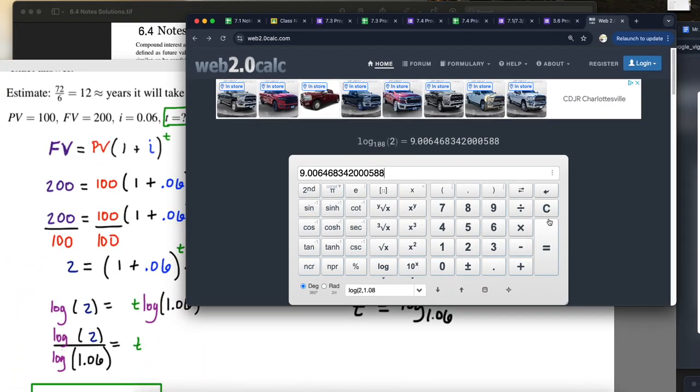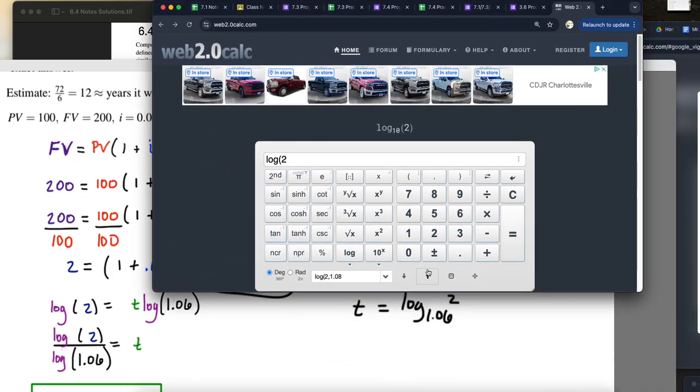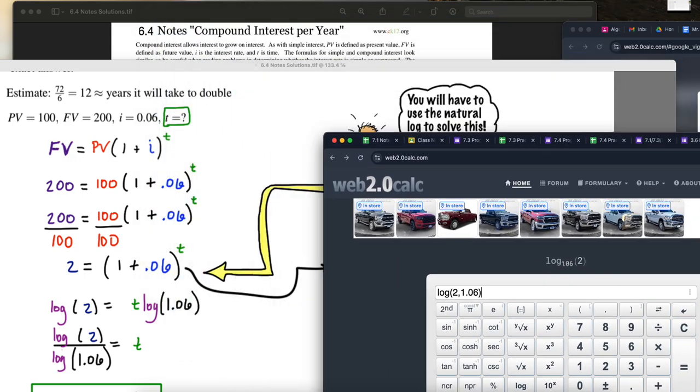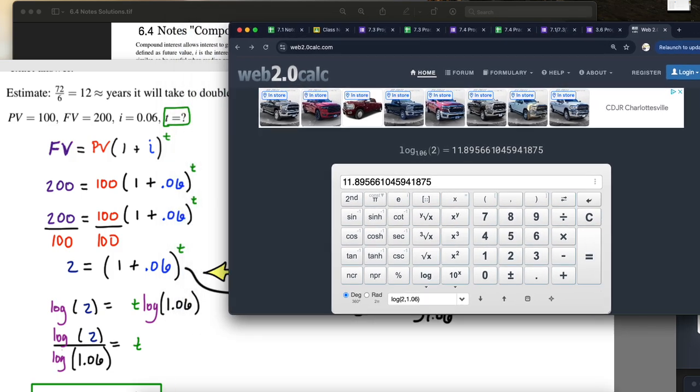Here we go. We have log. First, with this program anyway, we type in the 2 and then the base, which is 1.06. And see the preview confirms that we wrote this correctly, and I'm going to hit equal. And I got 11.895.